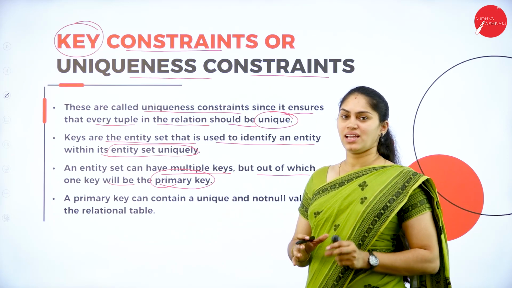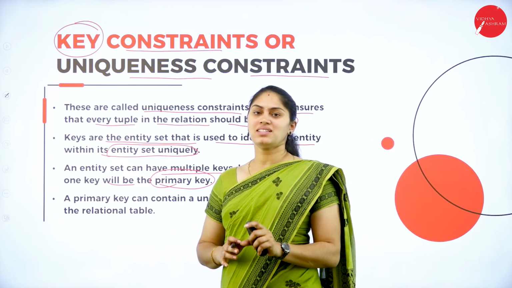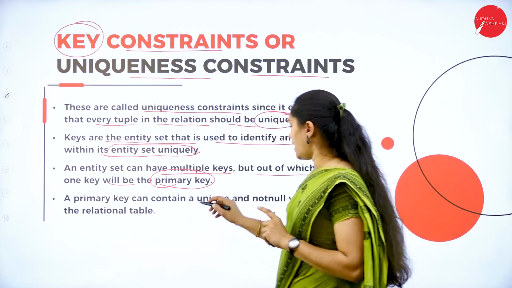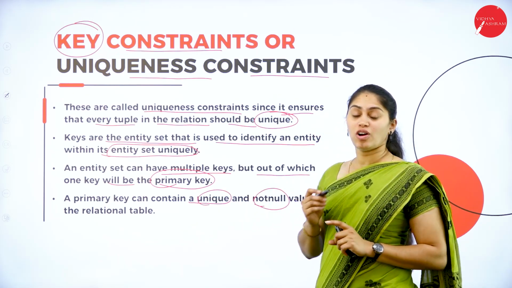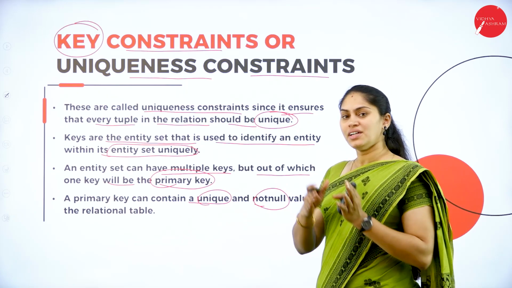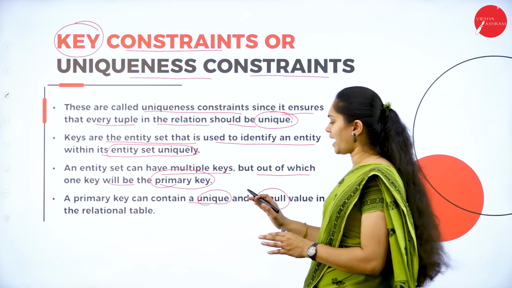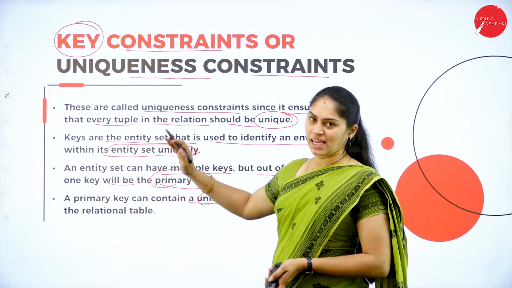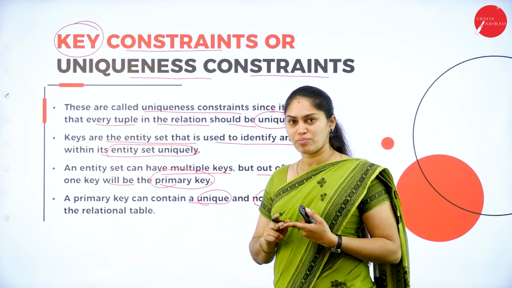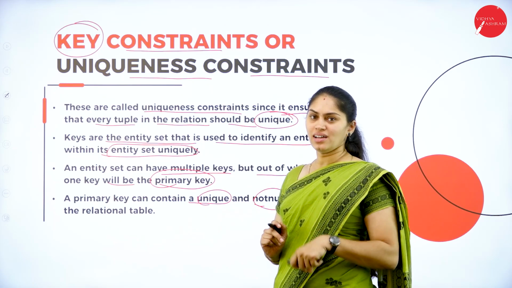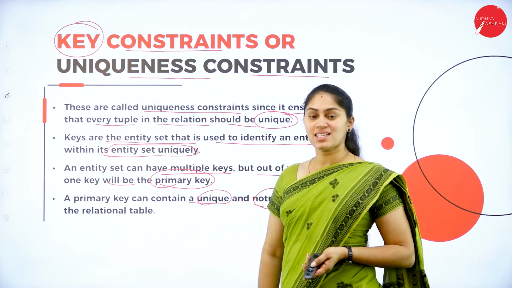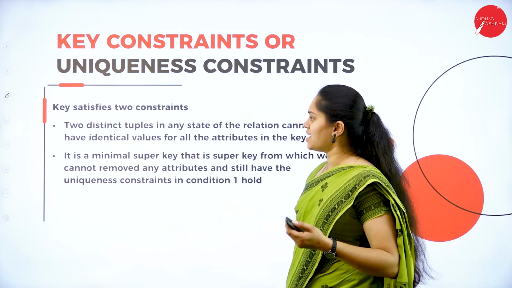If I am making any column a primary key, then that should contain a unique value and the value should not be null. Null values are not going to be accepted for this primary key constraint. The value should be unique and it should not be null. Those two are the constraints which we have for this key constraint or uniqueness constraint.